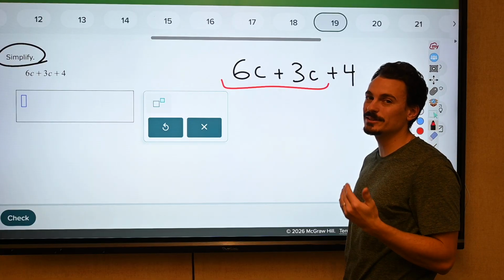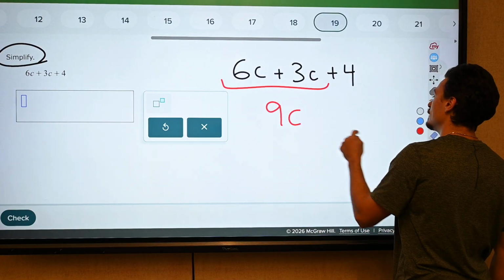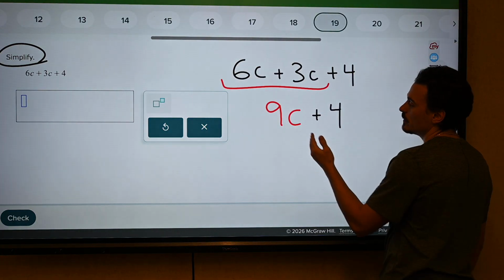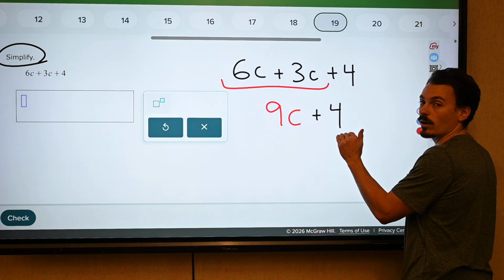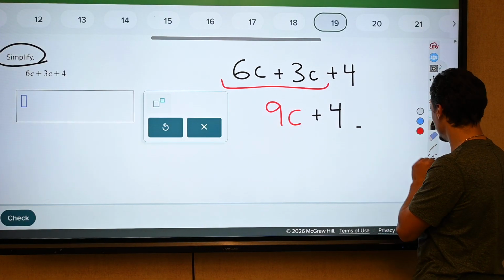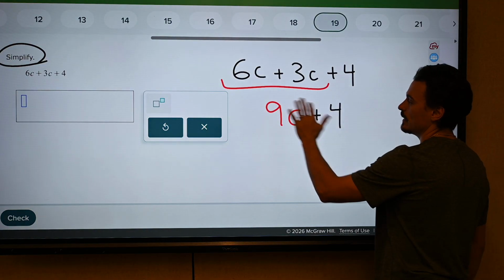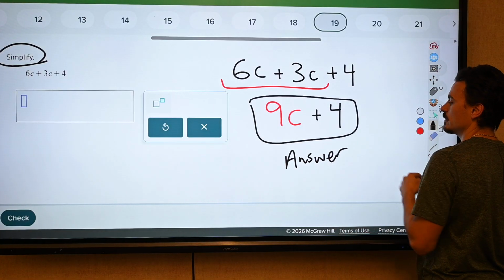If you have 6 of something and then 3 of something, that's going to make 9. And then plus 4. 9c's is not the same as having 4. This 4 does not have a c, so these stay like this. That's the answer.